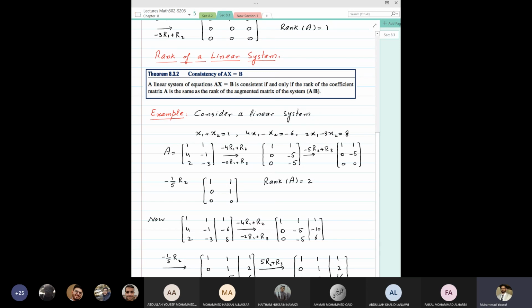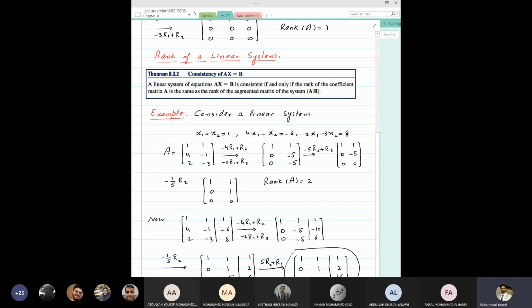Now I consider the augmented matrix, where I included the right hand side numbers. After that, when I apply row operations, what do you see here? What can you tell about the system here?